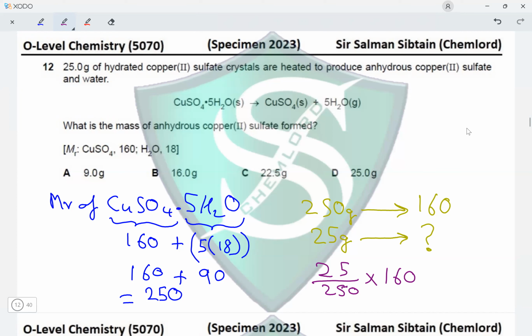The answer that we obtain would be 16. So the amount of anhydrous copper 2 sulfate produced when 25 grams of hydrated copper 2 sulfate crystals are heated would be 16 grams. So the correct option for this question is option B.